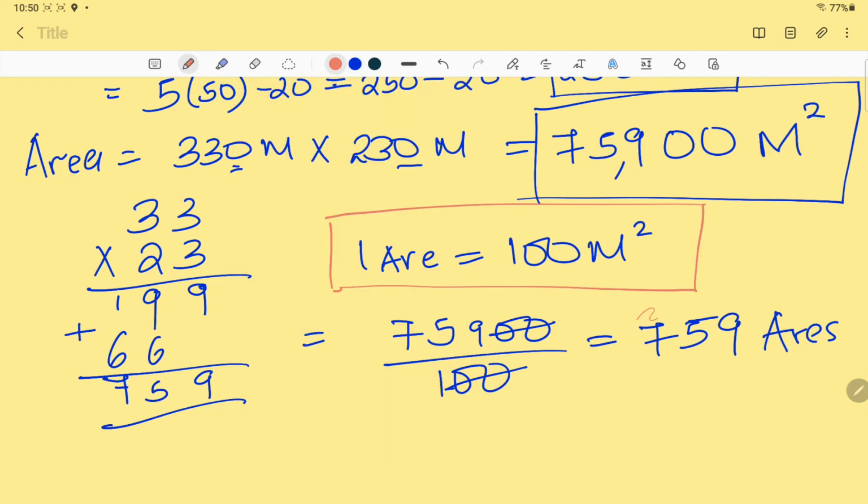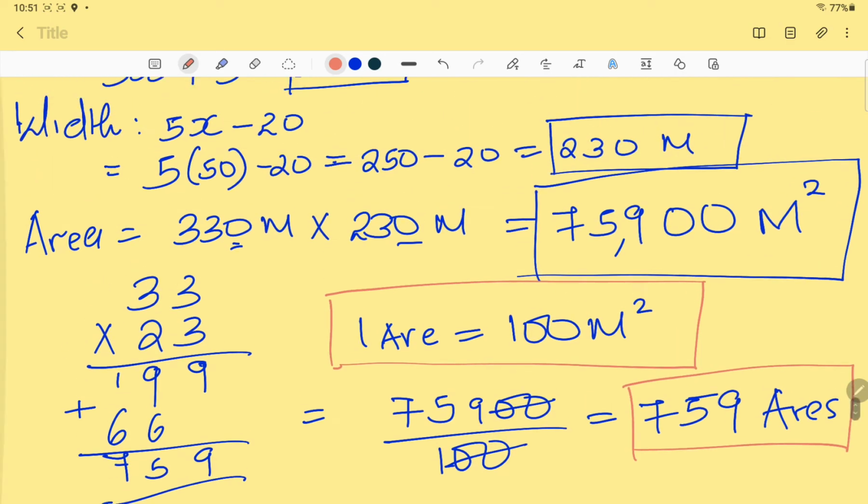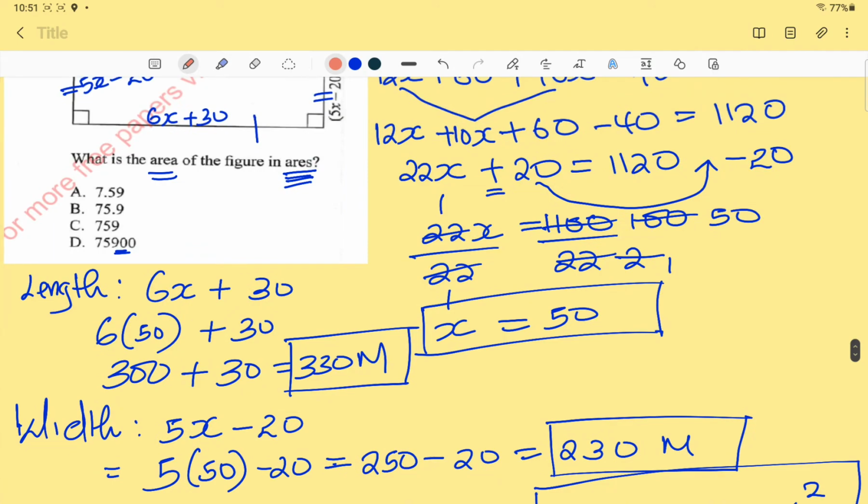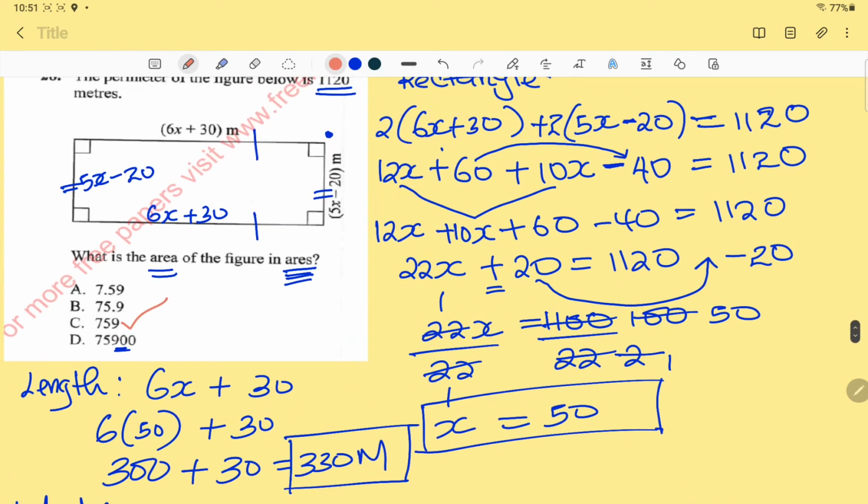So this is the final answer, 759 hours. So the correct answer is C. Okay. So the correct answer, as we have seen, is C.